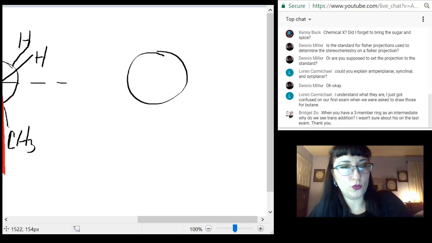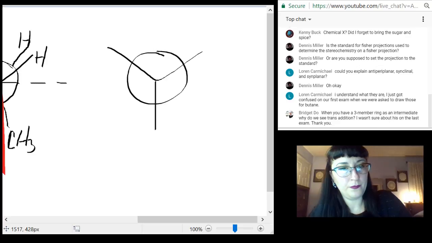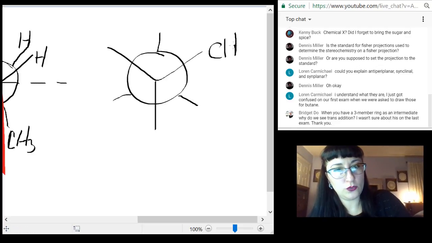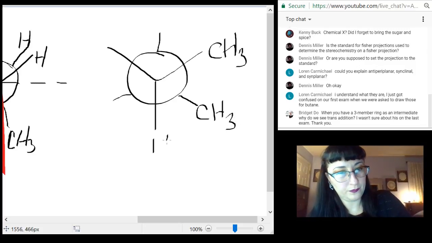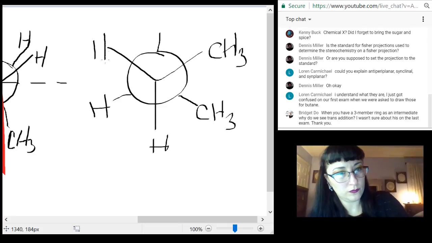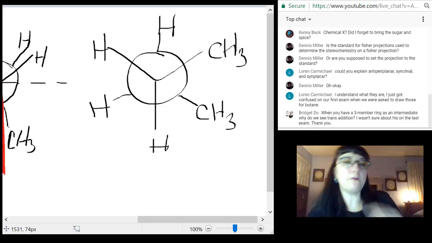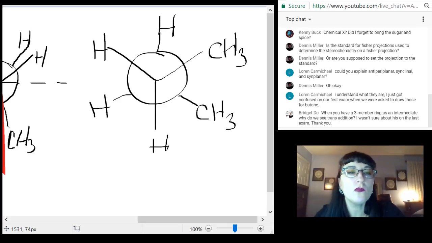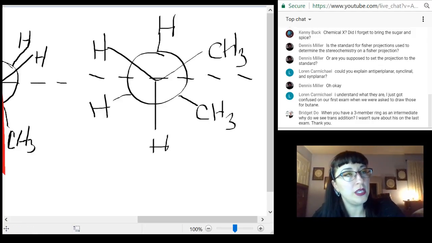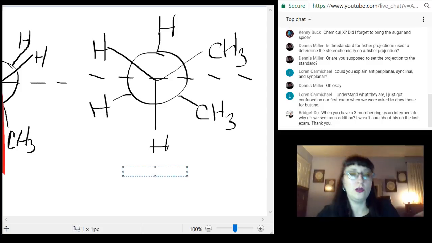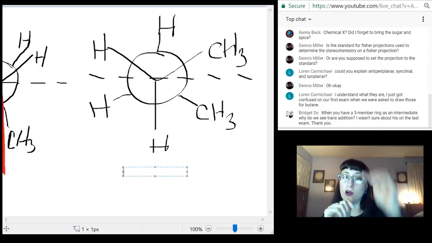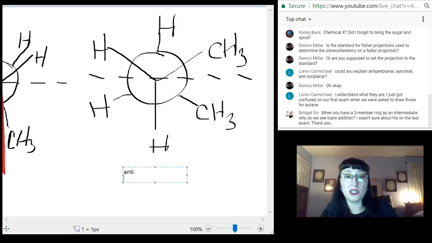So now let's do one where I have a CH3 there, a CH3 there. Okay. Draw my imaginary little line here in the middle. Now if I'm looking at that one, those two methyl groups are on opposite sides of that line, right? So those are anti to each other.